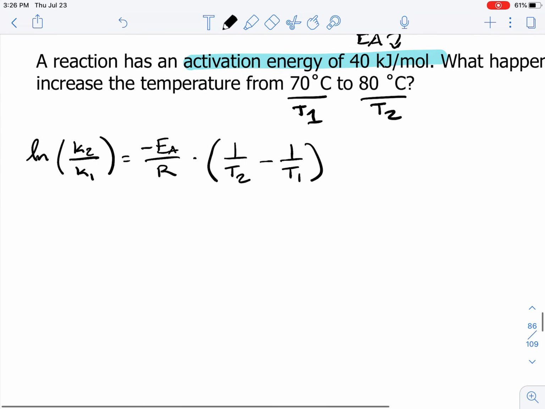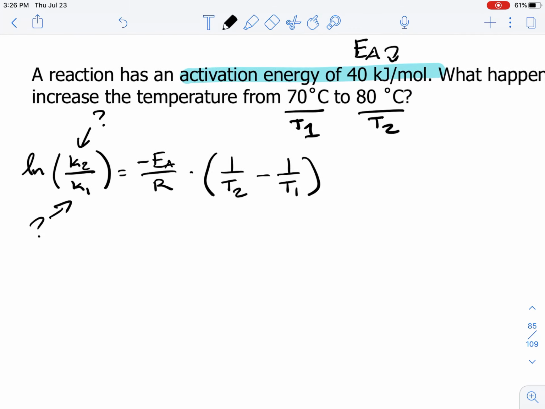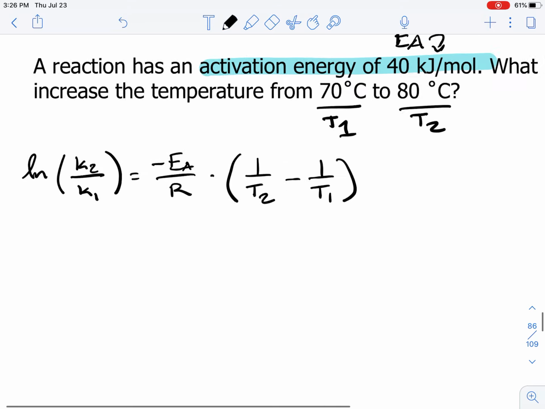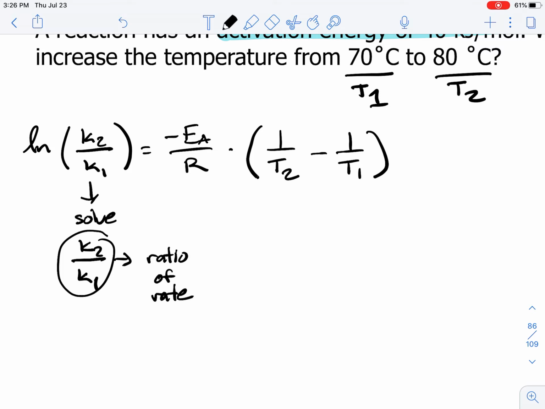All right, so if we're trying to determine the rate, which of these rate constants are we going to solve for? Well, it didn't tell us if we're solving for K2 or K1, so that must mean that we're solving for the ratio of the rate. Okay, and so whenever you're solving for K2 over K1, you're looking at the ratio of the two rate constants.